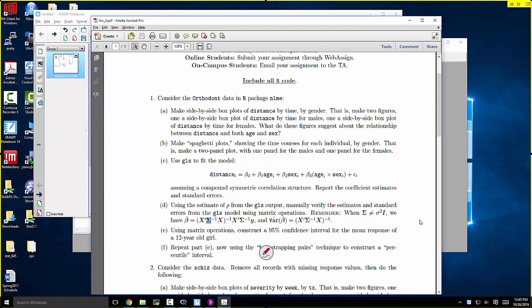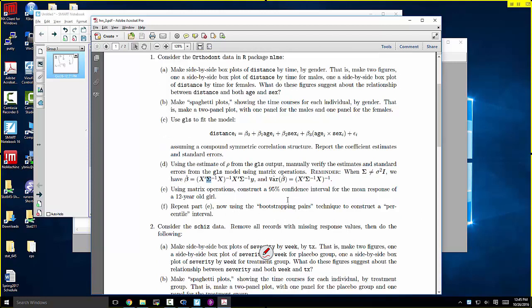I also gave some tips on how to do the bootstrap with these data. It also takes a little bit of work. Remember that you're sampling individuals. So you randomly generate numbers from 1 to 27 with replacement, and those are the individuals that you need to stack together to create a new bootstrap data set.